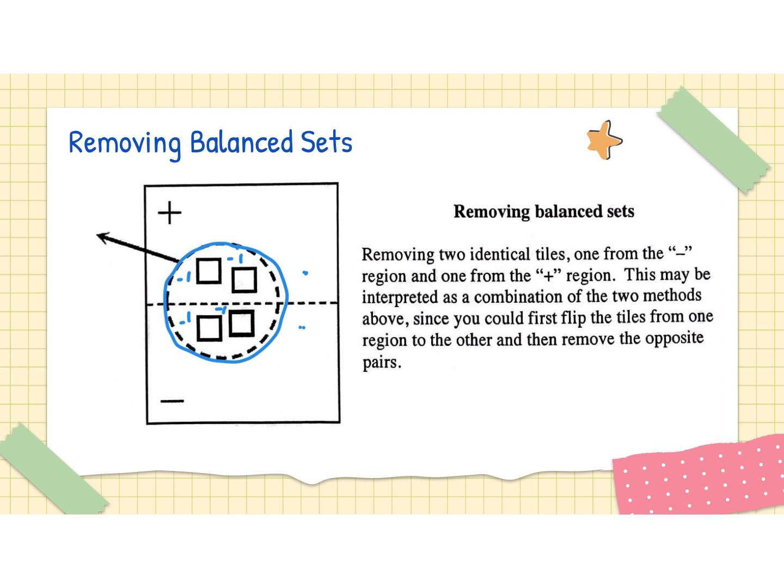Or if this mat had a second side, and there were tiles that were the same from here to here, you could also remove them. So what you need to understand is when you have tiles that are the same in each positive and negative region, you can circle them, you can remove them, and the reason, of course, would be a balanced set.